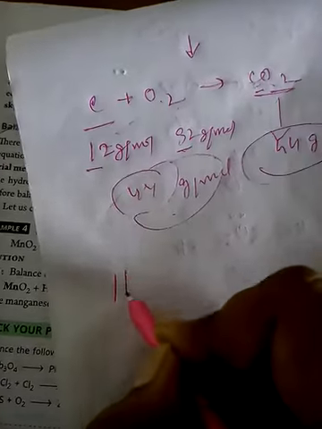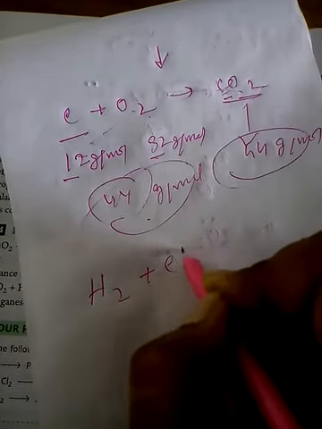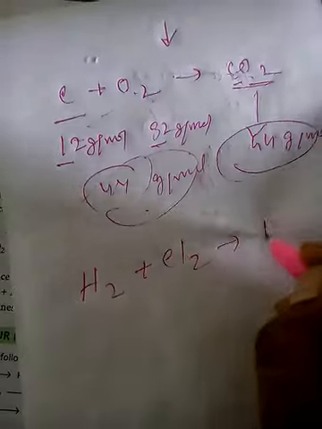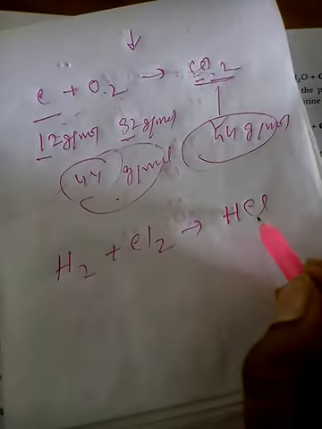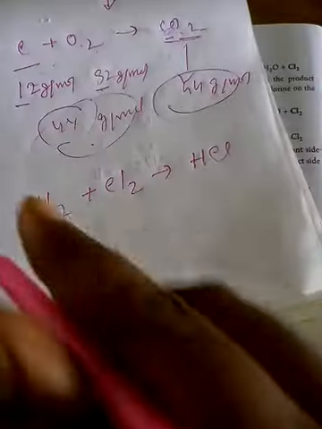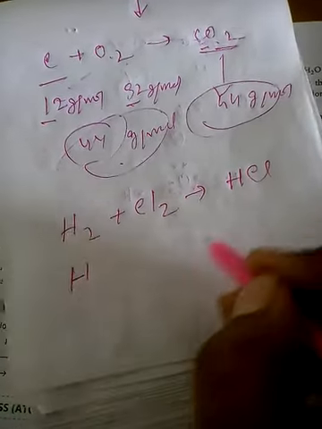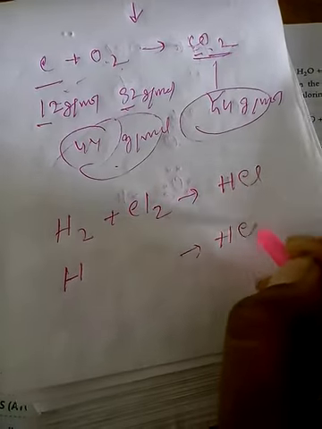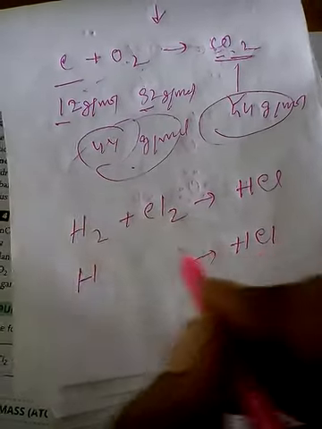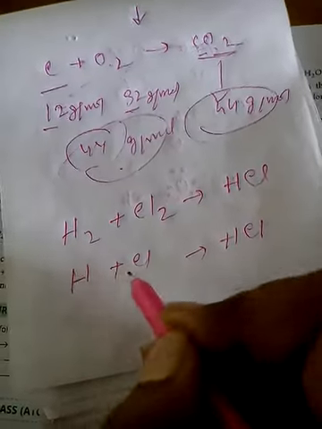H2 plus Cl2 produces HCl. Now, most students make two mistakes here. Suppose you have to make HCl, so don't write H plus Cl.